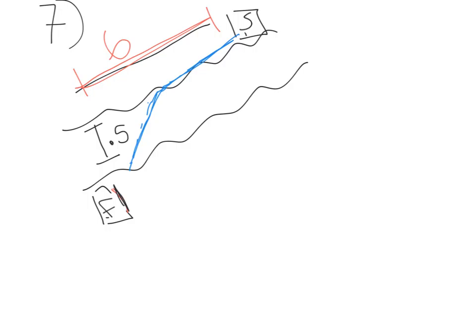Okay, so if we take out the shapes we've made, you might see that there's a right triangle right here. This is basically what it's going to look like if you didn't have the river or the factory there, just the distances.